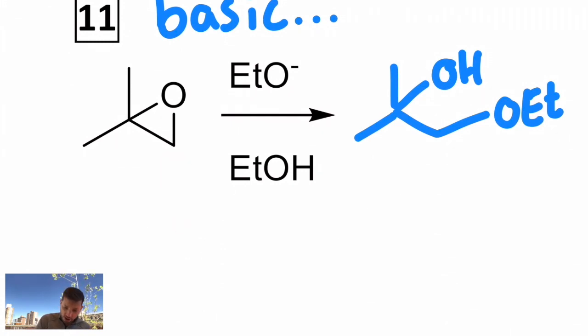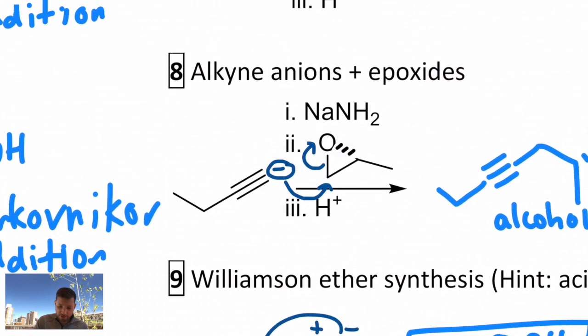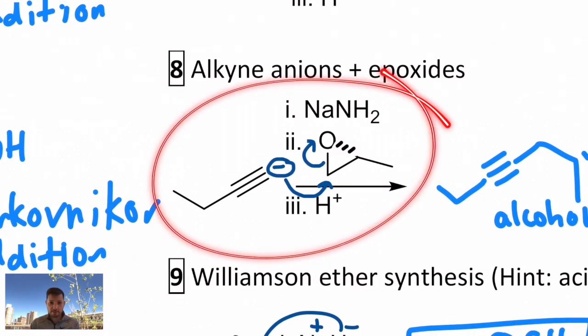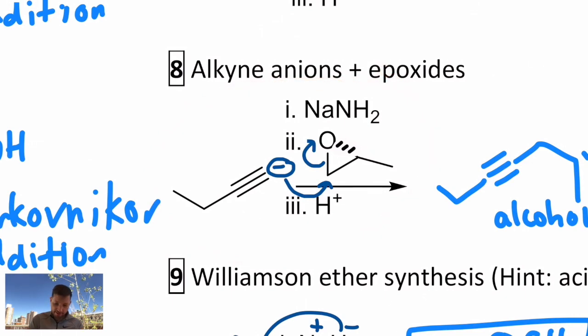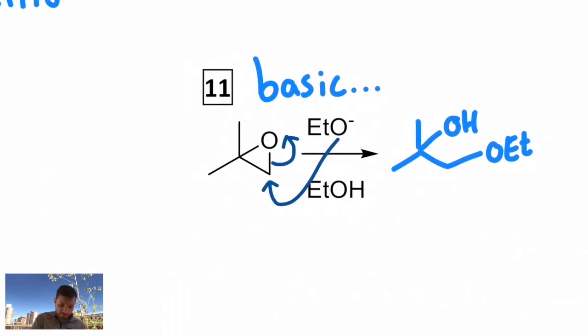So that OEt minus, that ethoxide, is going to attack the less substituted carbon, just like the alkyne anion did up here in this example. Basic conditions, negative charges, attack the less substituted side of epoxides.